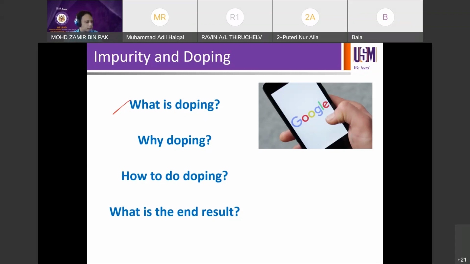So anyone would like to share what is doping? You can unmute yourself. You can also write down in the chat box. Let's explore this together. Right, anyone? What is doping? Any volunteer would like to start?